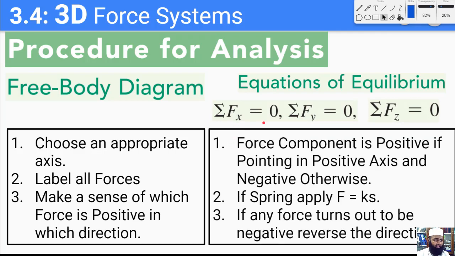The only difference is that rather than having 2 simultaneous equations, we have 3 simultaneous equations, and we can solve for 3 unknowns in this case. All coplanar force systems can be considered as a special case of 3-dimensional force systems where the force in Z is equal to 0.